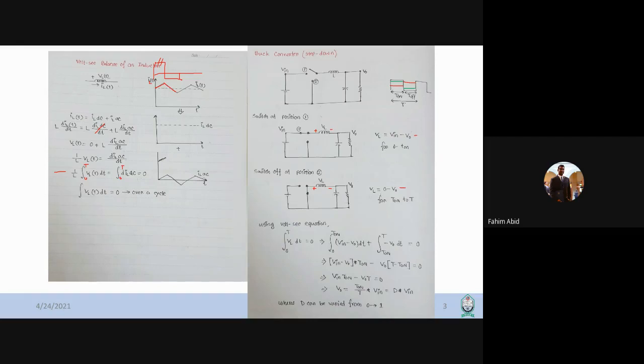This overall integration should be equal to 0.